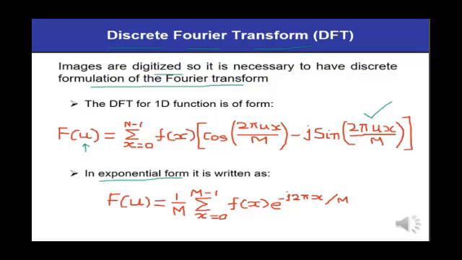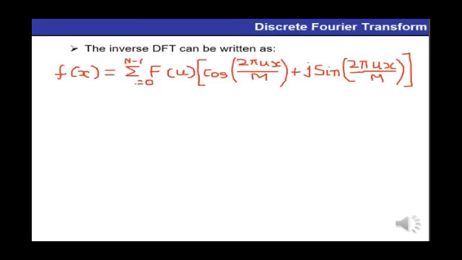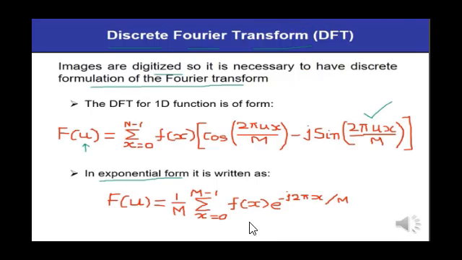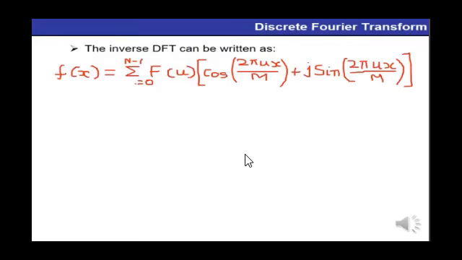You can also write it in exponential form, such that F of u is equal to 1 upon m summation over x from 0 to m minus 1 of f of x e raised to minus j 2 pi ux upon m. So students, this was the exponential form.